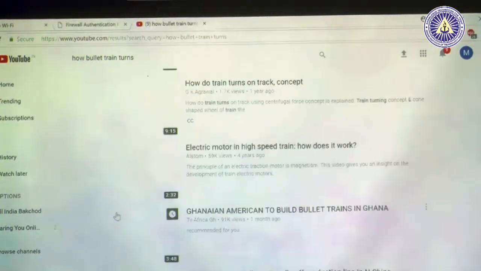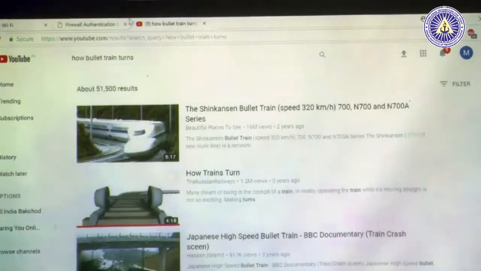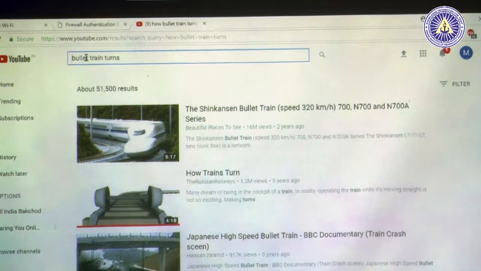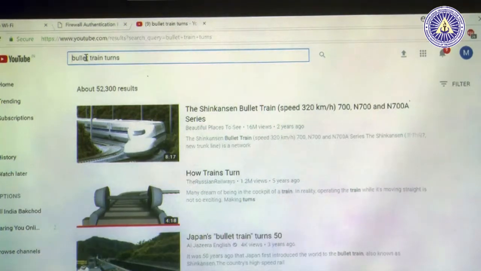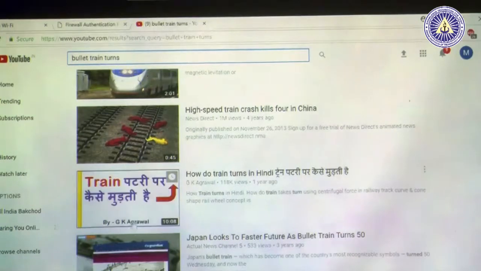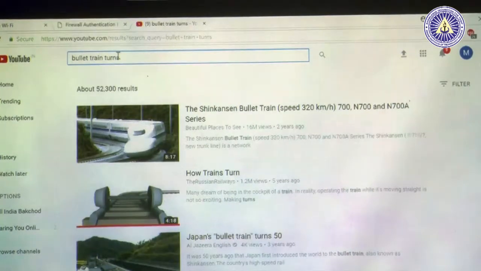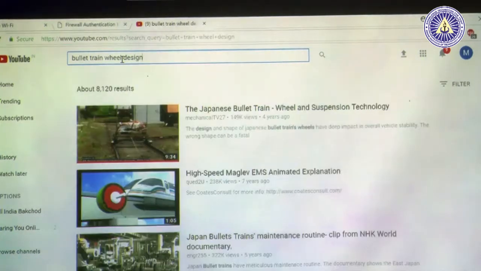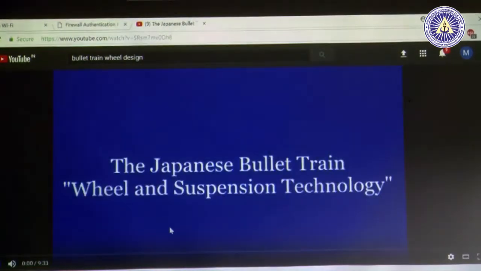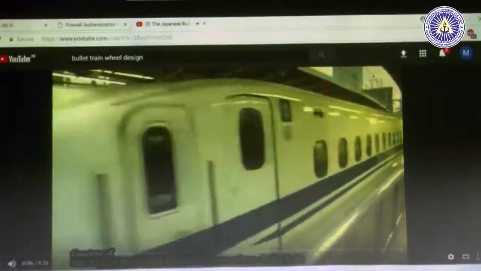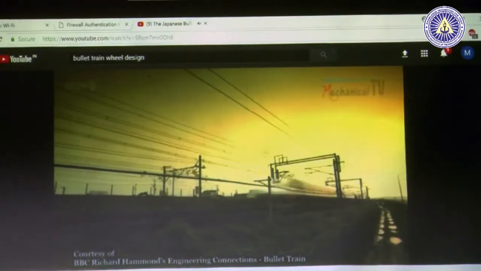One sec. Bullet train turn wheel design. This will show you why experimentation matters, this is the one. I do not know why the sound is not coming, but let us see. I will explain it to you.